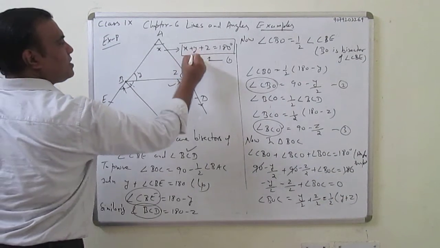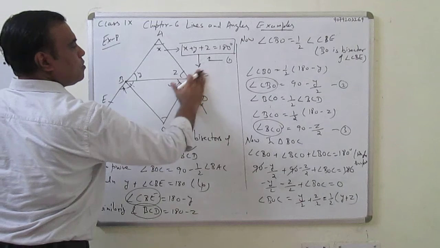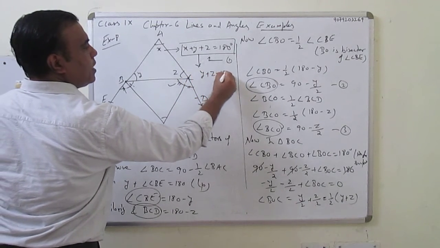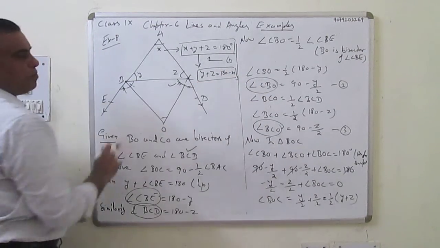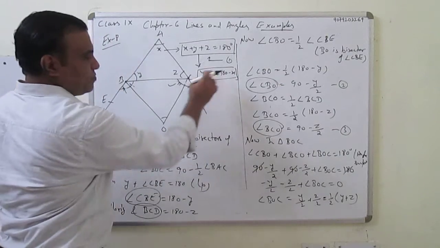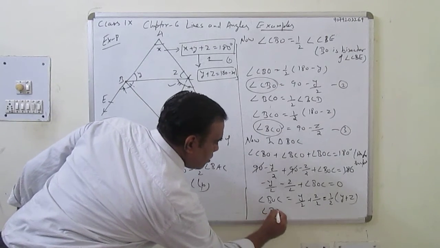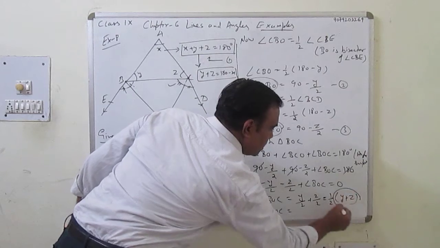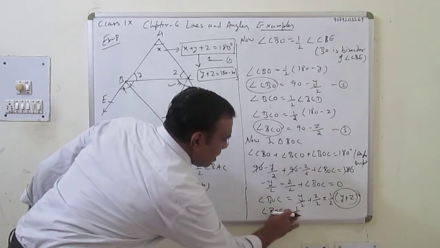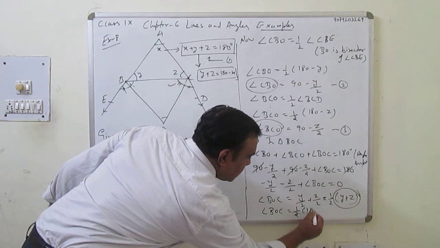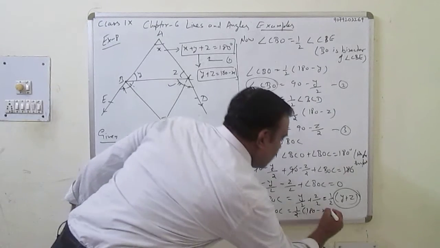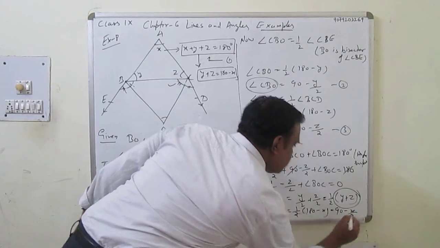Now the value of Y plus Z from here: Y plus Z is equal to 180 minus X. So angle BOC is equal to half of 180 minus X. Now multiplying it, you will get 90 minus X by 2.